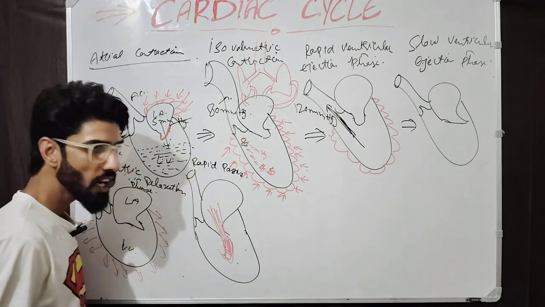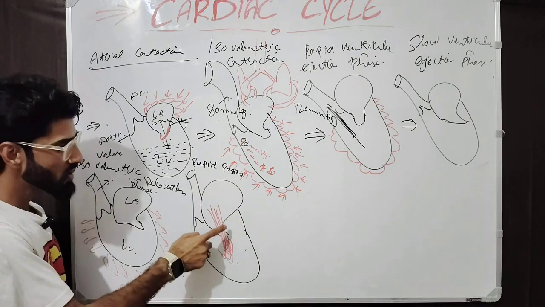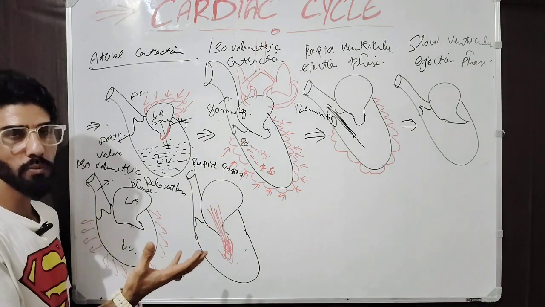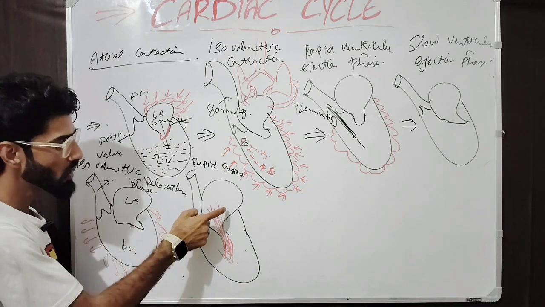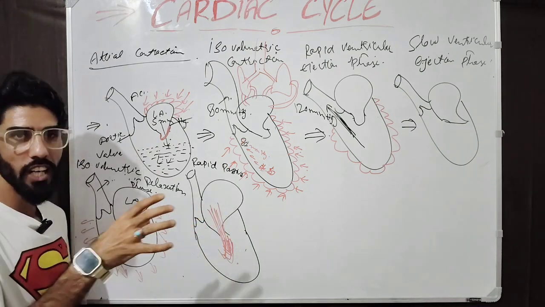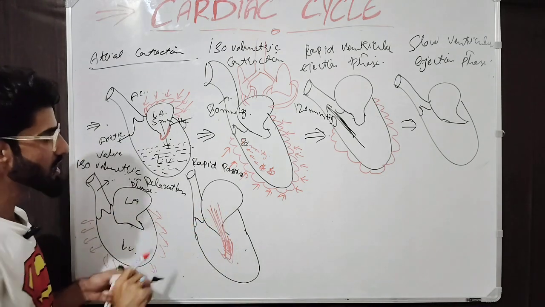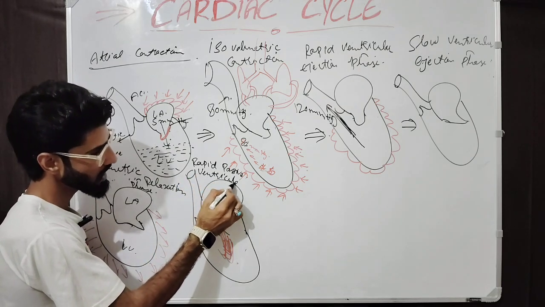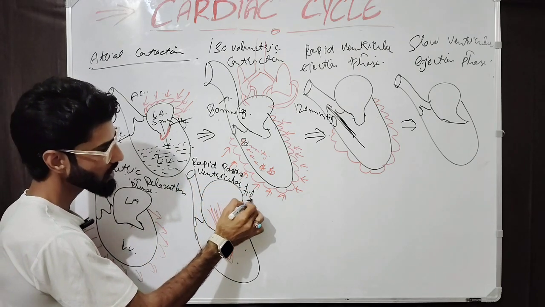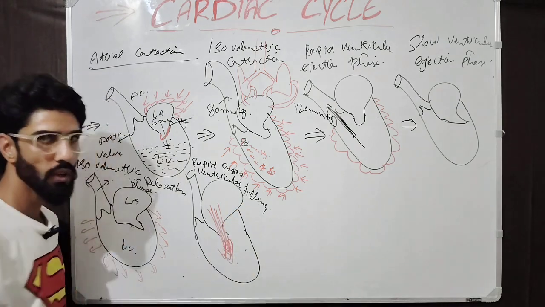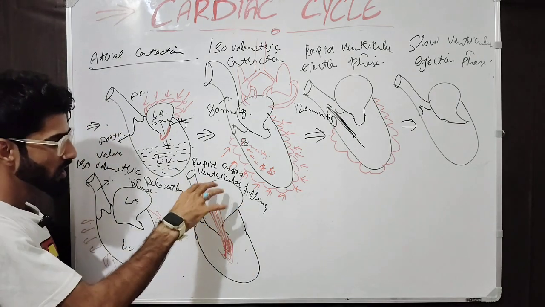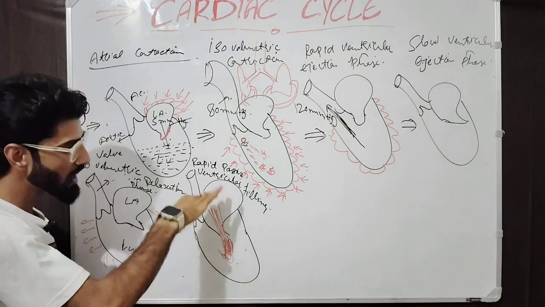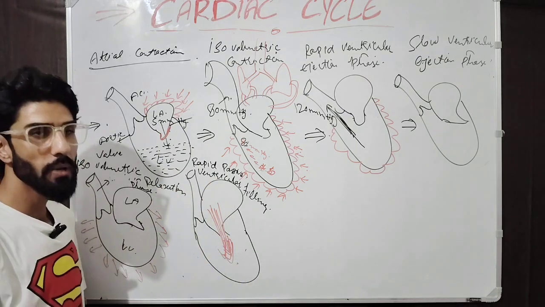This time the atria is not ejecting blood; the left ventricle is filled with blood from the atria without any contraction. So we call this rapid passive ventricular filling. Not only the volume, it will also transfer the pressure.